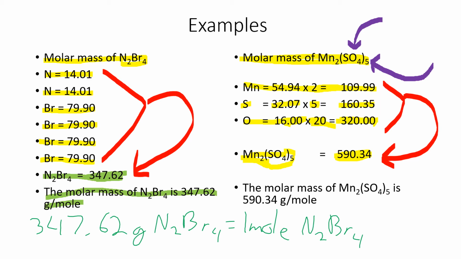So what that means is that the molar mass of Mn2(SO4)5 is 590.34 grams per mole. 590.34 grams of that substance is going to equal 1 mole of that substance. So anytime you have a molecule or a compound, you just have to add up all the individual pieces to figure out what's going on with the total.